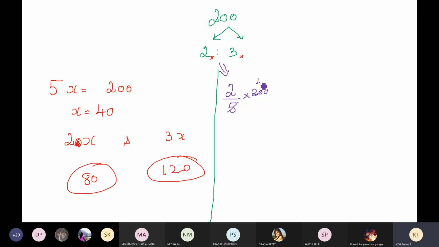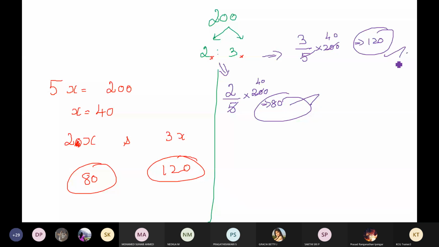So it is 80. Same way for this one, 3 out of the total 5 into 200, 40 into 3 is 120. So the values are 80 and 120. Clear, people? Excellent.